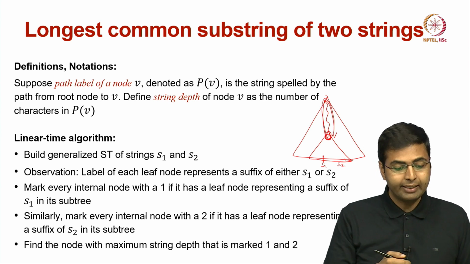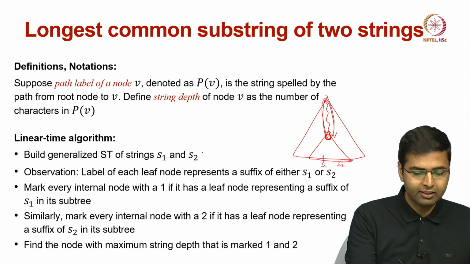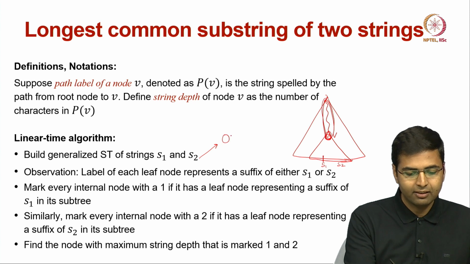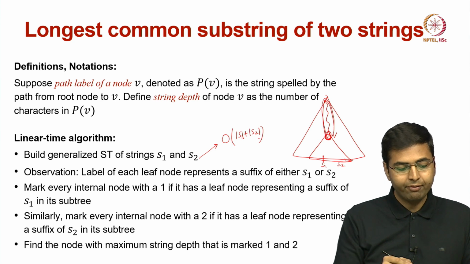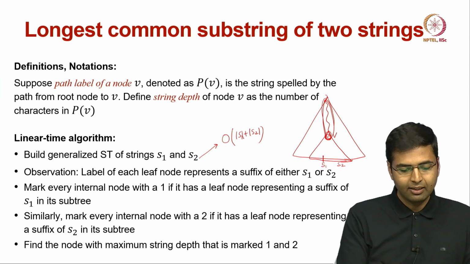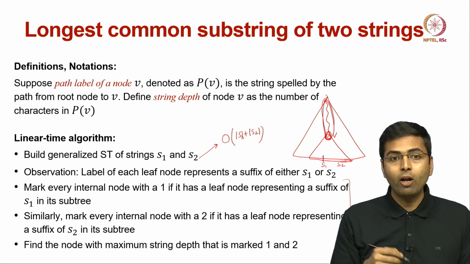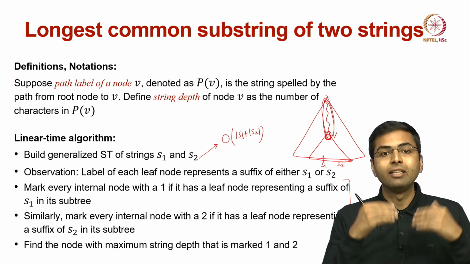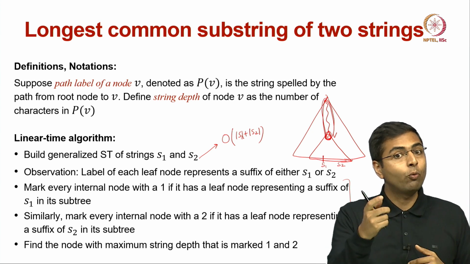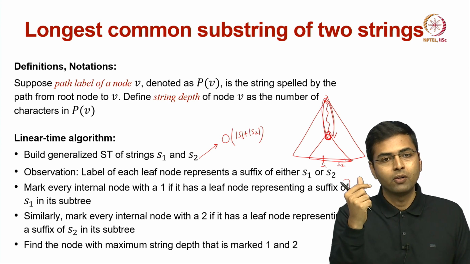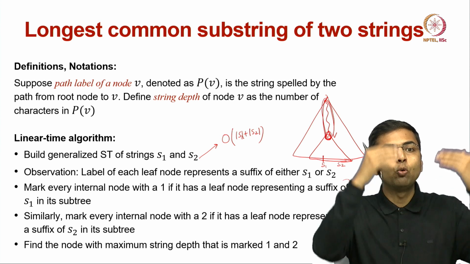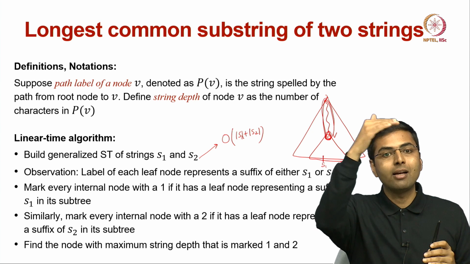This is also linear time, because the tree construction takes linear time, and when we are assigning these labels, all it requires is a bottom up traversal of the tree, because for each leaf node I already know whether that leaf node represents a suffix of string S1 or S2. I have to go from bottom to top, marking every internal node.